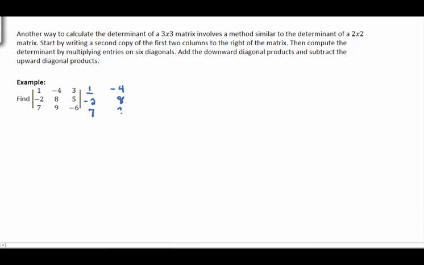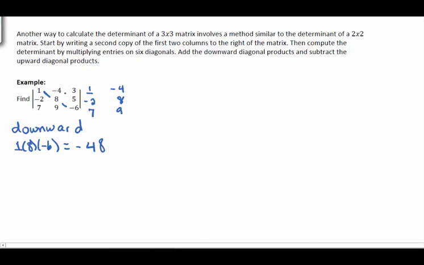And then we're going to multiply along the 3 diagonals. So we'll start with the downward diagonals. And there are going to be 3 of those. The first one is the main diagonal, 1 times 8 times negative 6, which is minus 48.